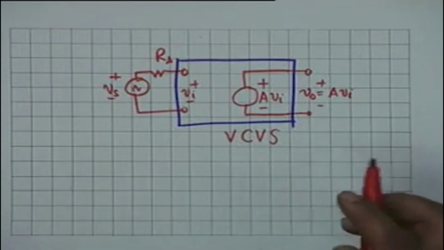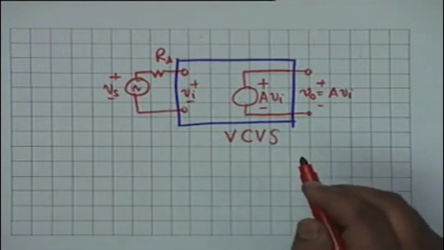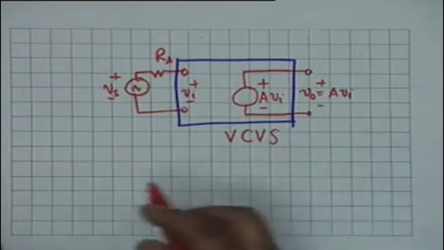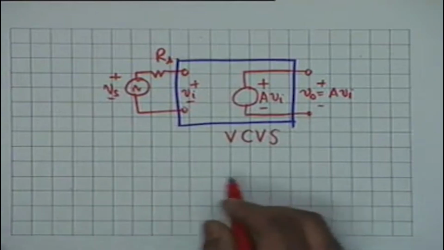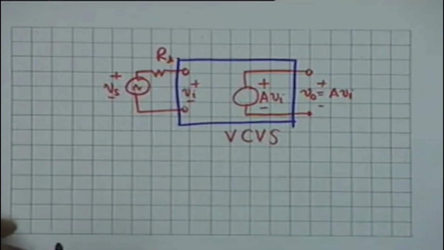Now in practice this is not the case. As I said, ideal is ideal. A practical amplifier shall differ from these ideal characteristics by having an input resistance which is not infinity, but finite.